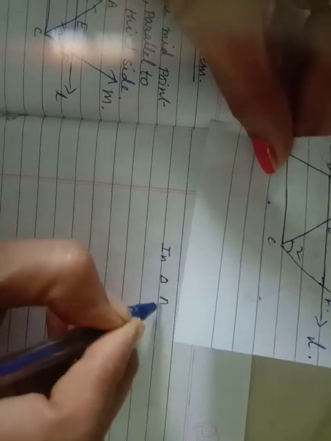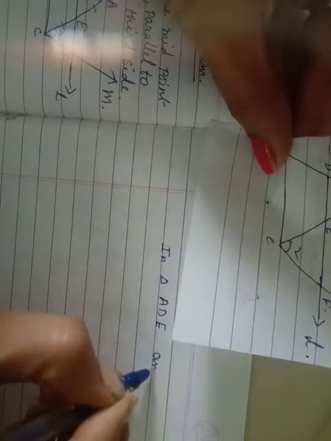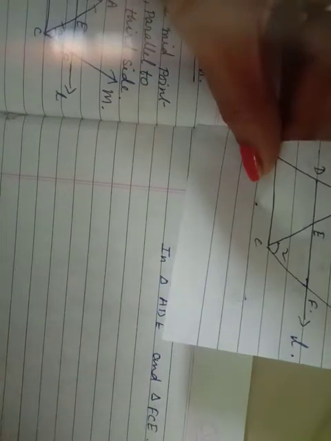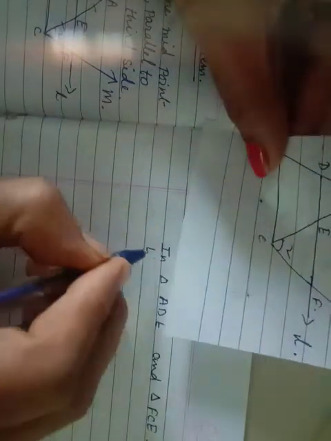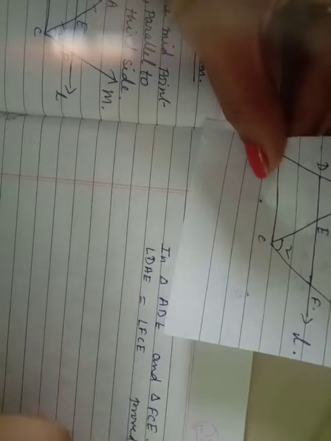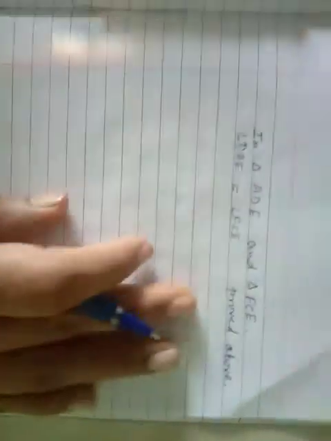Now we'll consider these two triangles. In triangle ADE and triangle FCE, angle DAE is equal to angle FCE, proved above. And you can see that angle 3 is equal to angle 4, vertically opposite angles.